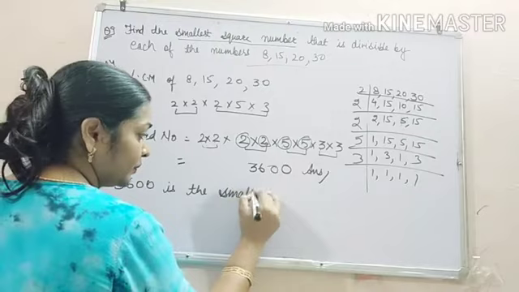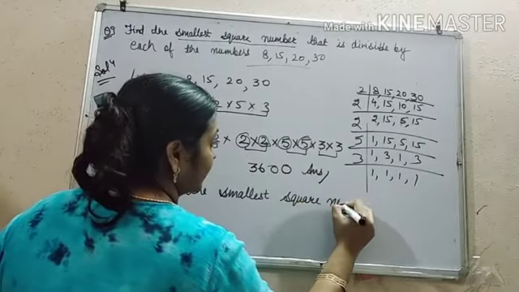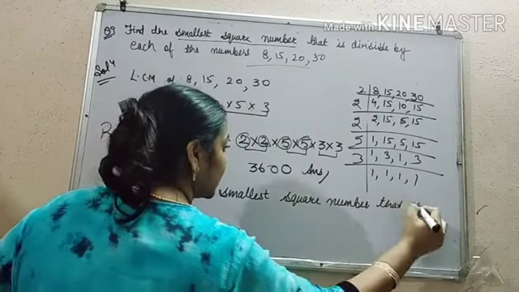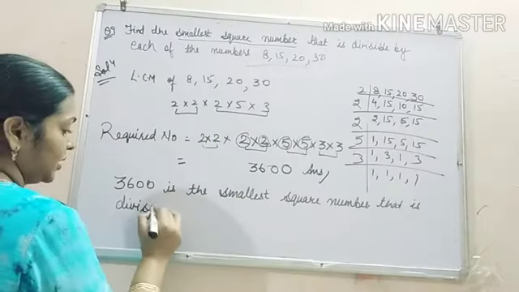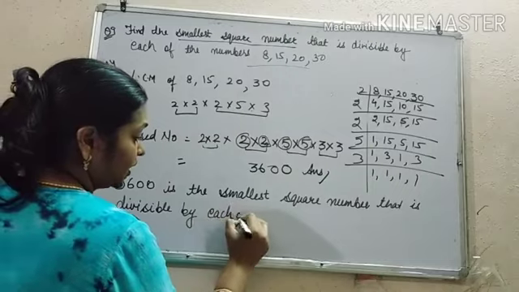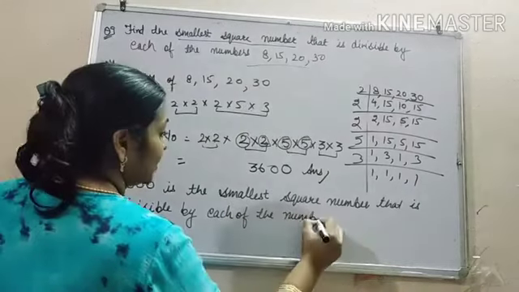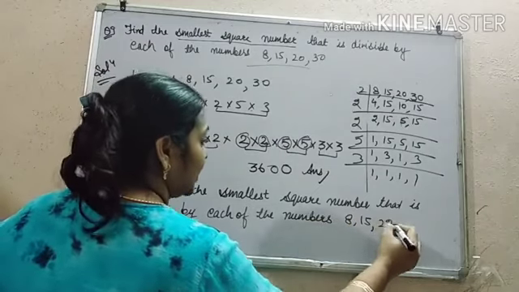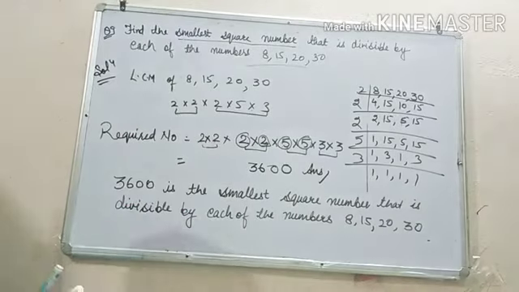So 3600 is the smallest square number that is divisible by each of the numbers 8, 15, 20 and 30. So once again I am telling you the method.